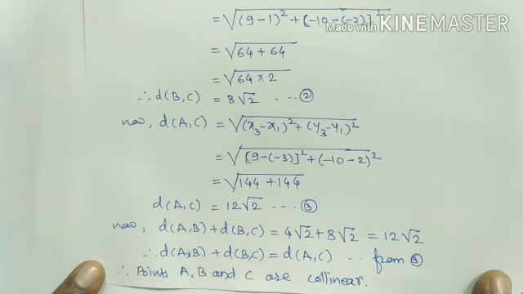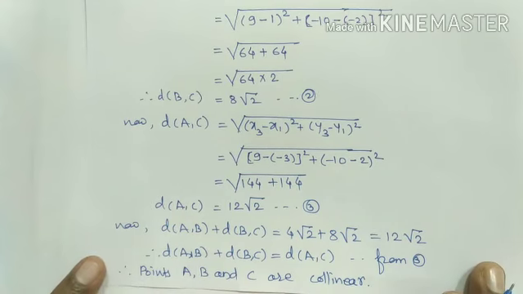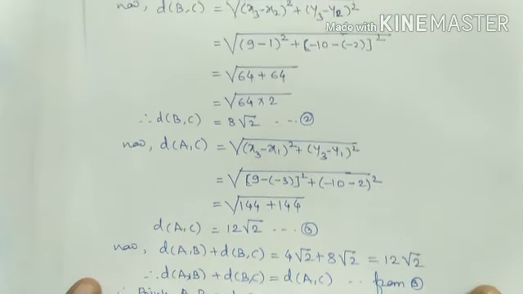In this way, here we prove that, here we show that the points A, B, C are collinear.